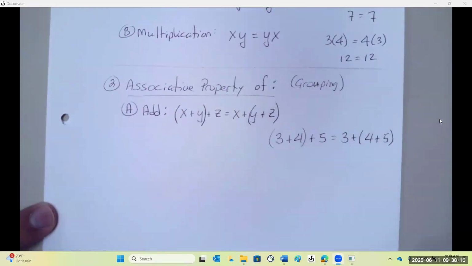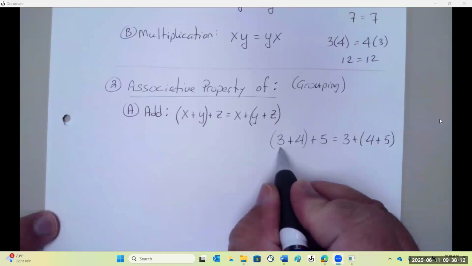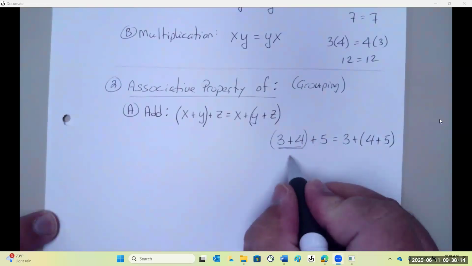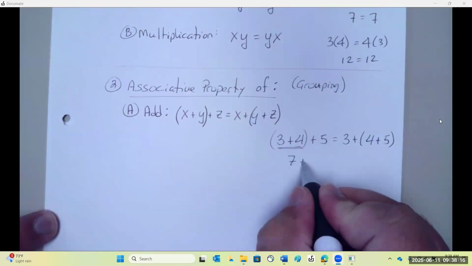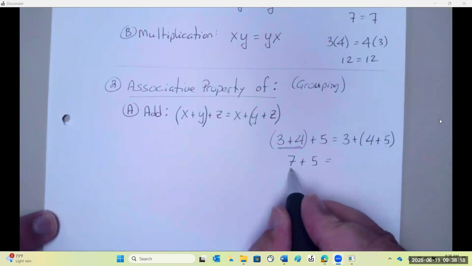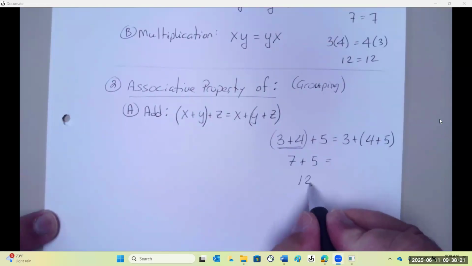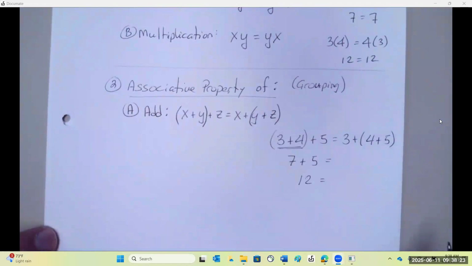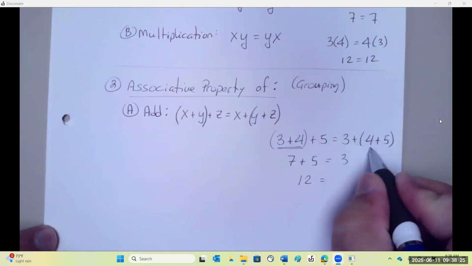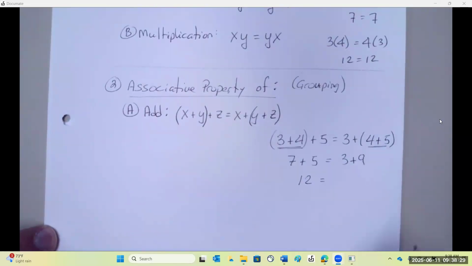So first thing we do here is what? On the left side, we have to do inside the parentheses. 3 plus 4 is 7, 7 plus 5 is. On the right-hand side, we have to do 4 plus 5. So 4 plus 5 is 9. 9 plus 3 is 12.